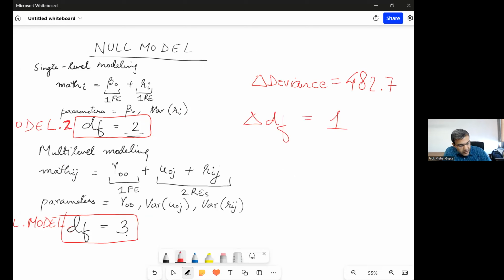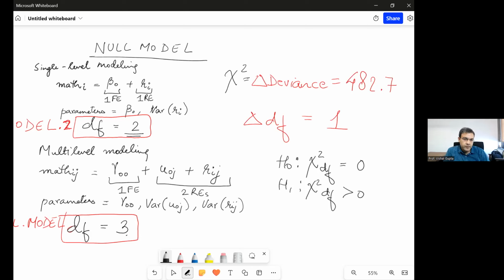Our null hypothesis: delta deviance is nothing but chi-square, and our hypothesis was that chi-square for its df is equal to 0 versus chi-square greater than 0.